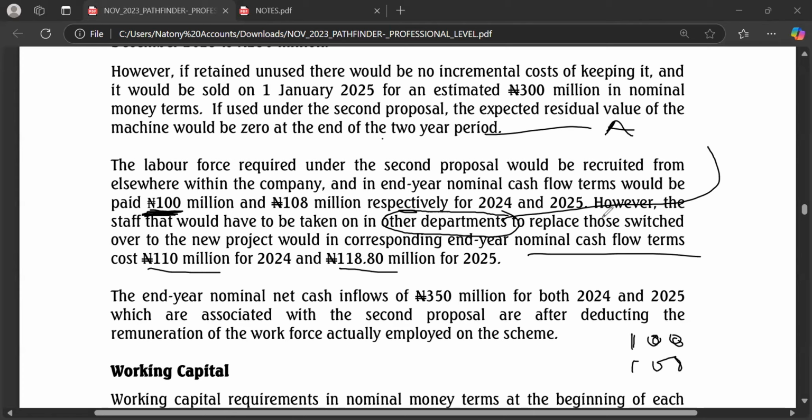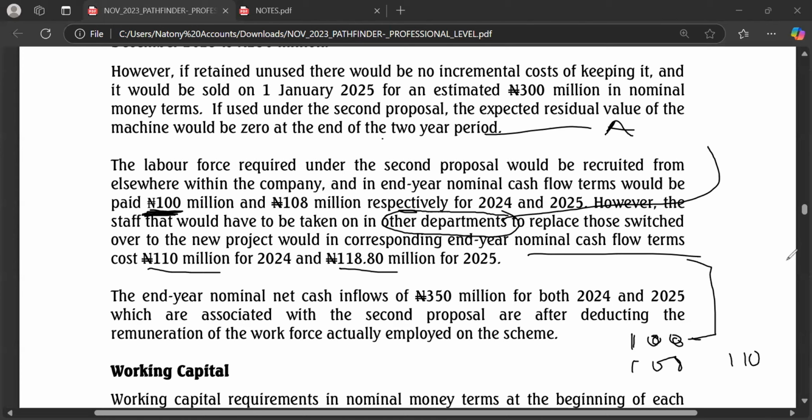But now that we are moving them to these new projects, the company will need to incur an additional 10 in 2024 and an additional approximately 10 also in 2025. So that additional cost will be a relevant cost to these projects. Okay.